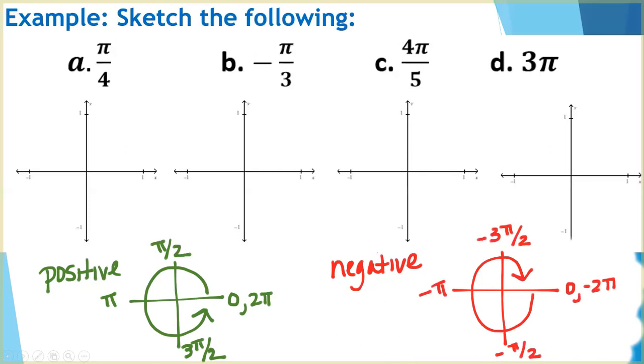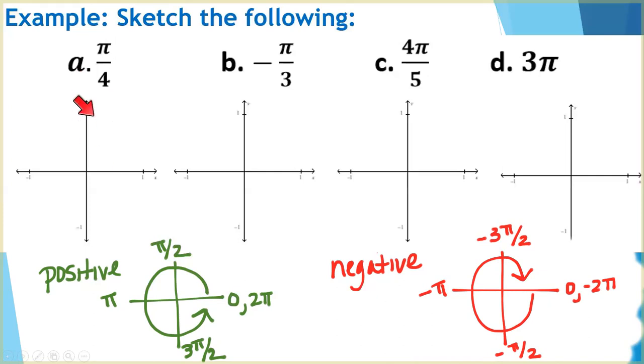So radians can be a challenge because you have to be comfortable with fractions. Okay, so pi over 4 is in between 0 and pi over 2. It's kind of like saying 1/4. 1/4 would fall between 0 and 1/2.